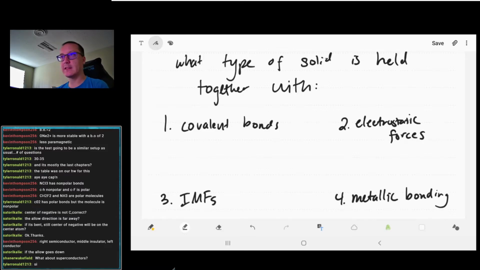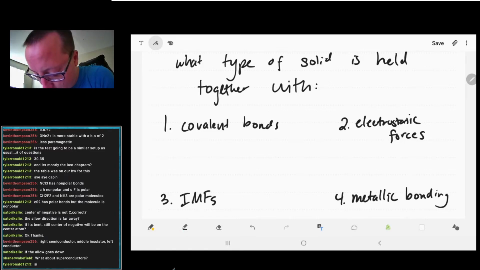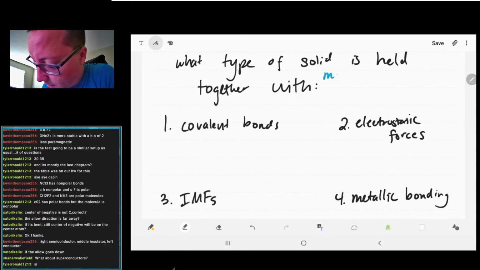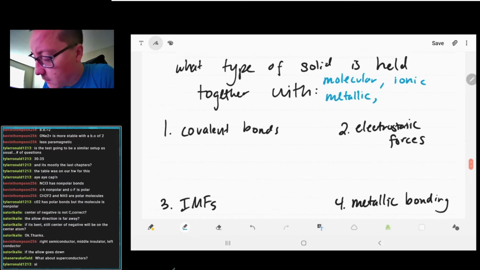So, let's take a look at these. Which type of solid corresponds with which type of bonding? I guess I should tell you what the types of solids are because we probably have forgotten. We have molecular solids. We have ionic solids. We have metallic solids. And we have network solids.